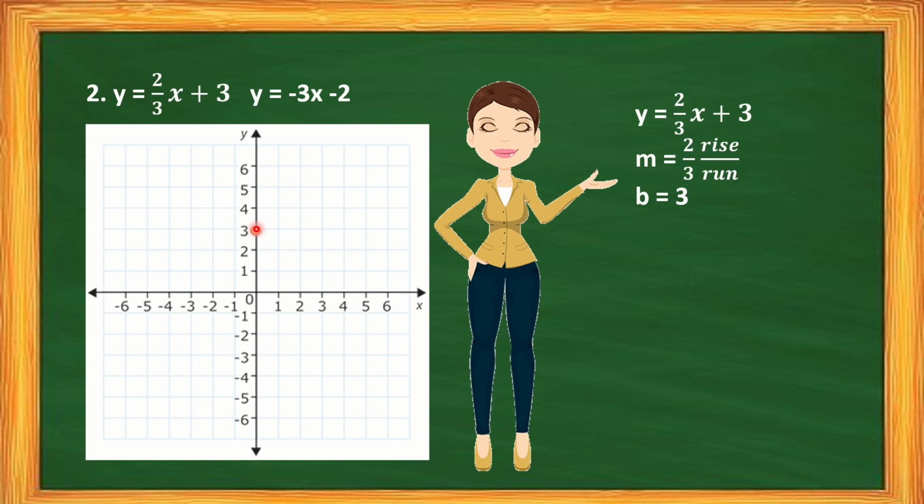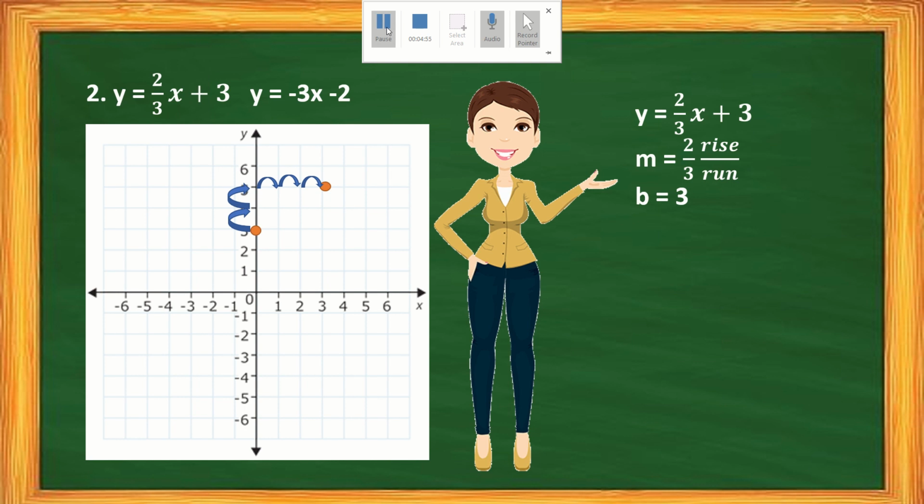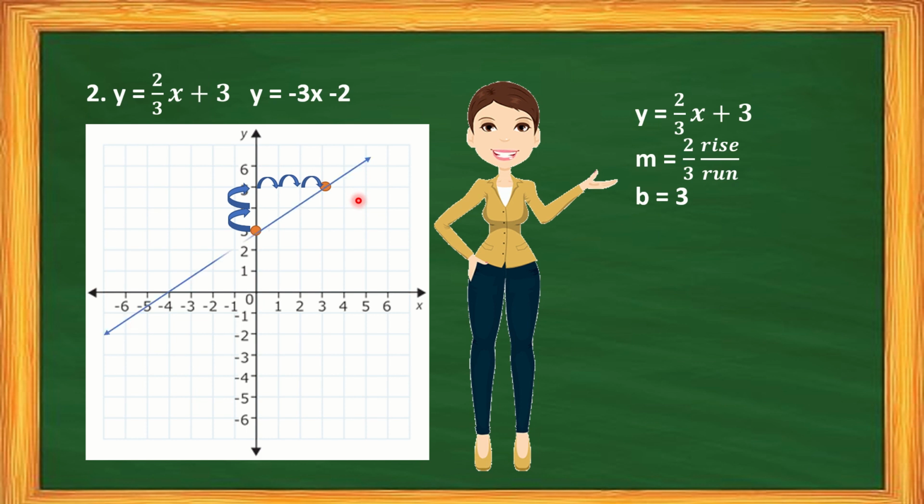Then, since our slope is 2 over 3, you move 2 units upward from the y-intercept. This is now the graph of y equals 2/3 x plus 3. Let us have the second equation, y equals negative 3x minus 2.